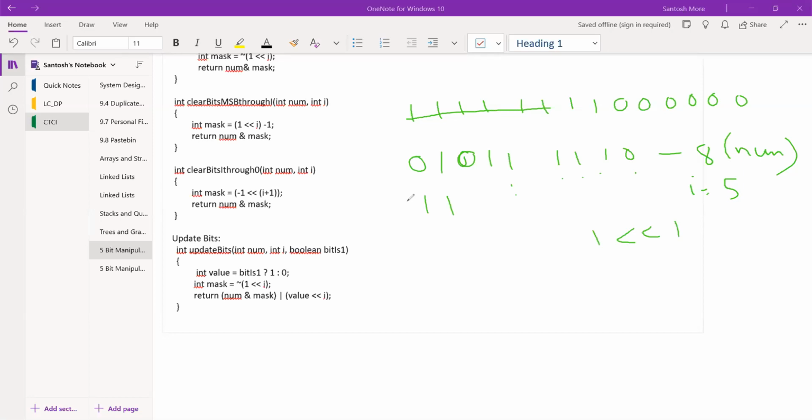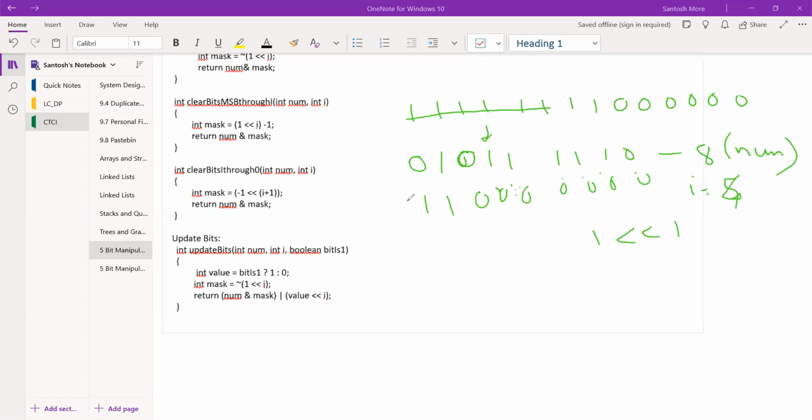So maybe I should have taken this index, this would be 5, so it is here, right? That is correct. I should have taken index as 4 to clear this. But this is also okay. So we have now 1 and then we have all zeros. Correct. Anyway, we wanted to clear till here. So that is actually 4.